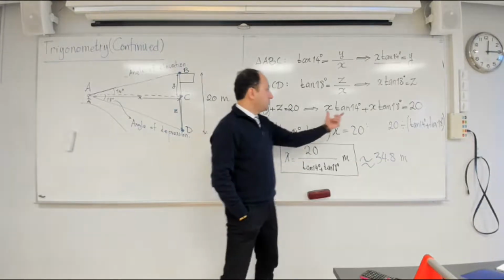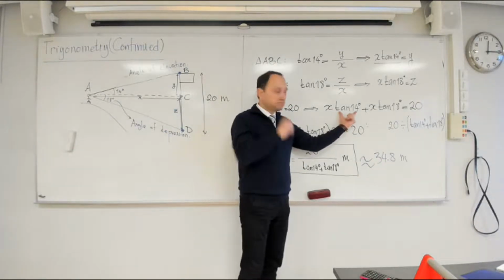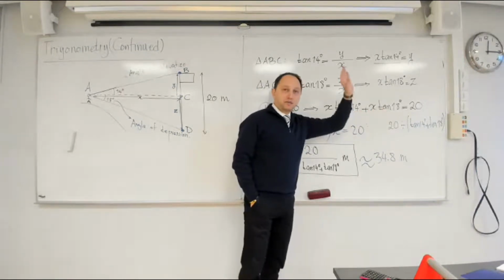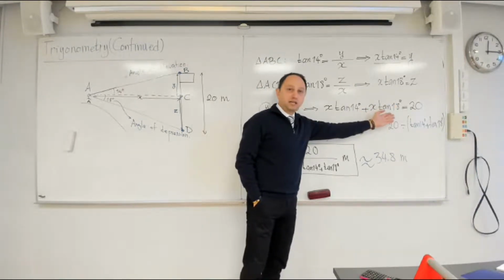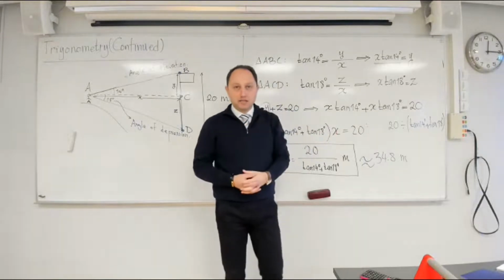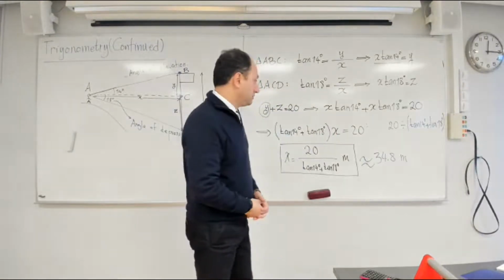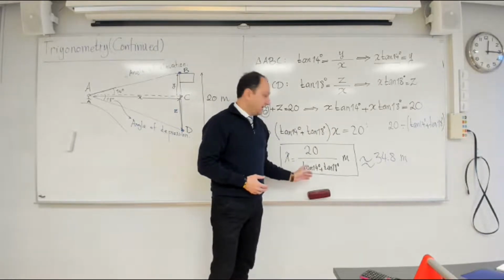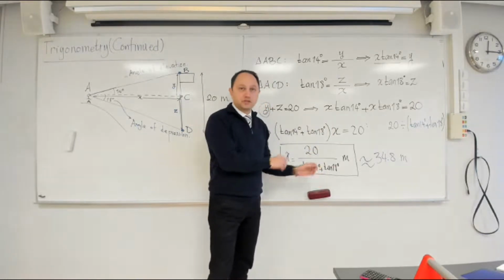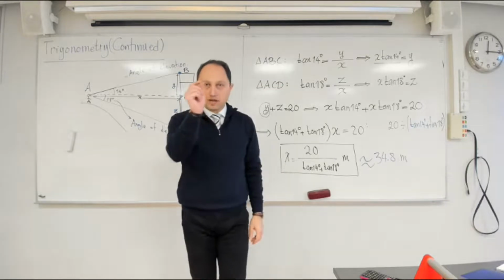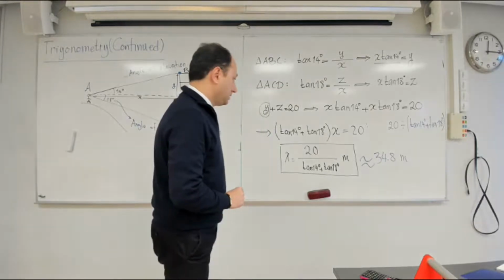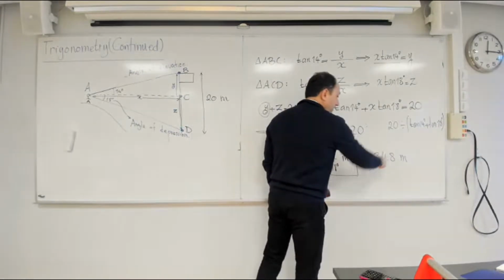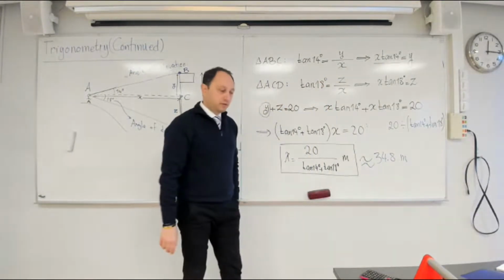But of course, if you approximate here, you make an error here, and if you approximate again here, you make another error, and then you are accumulating errors unless you really know what to do. So this is my preference. I usually find the exact value of x, and then at the end, I put it in the calculator. Then I have only one error to take care of. Hopefully you are able to get this number.